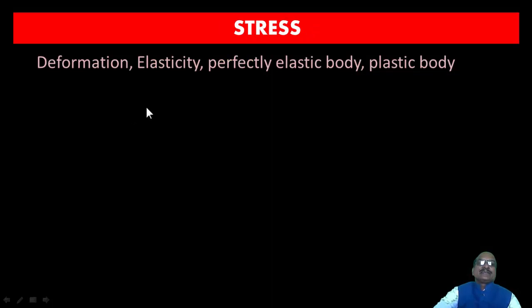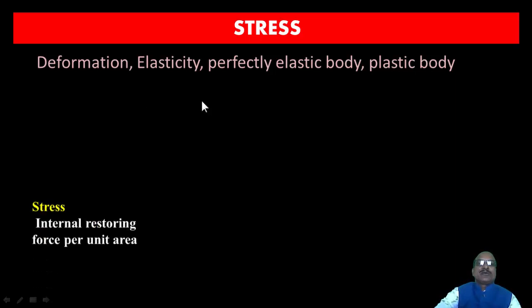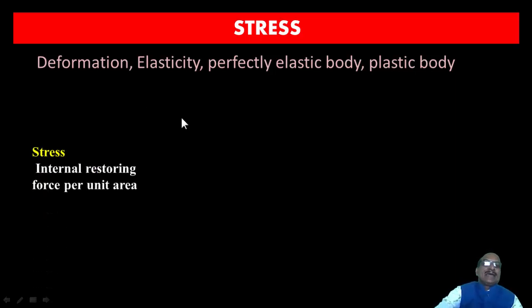Now let us see something about stress. As we have seen, the body can be deformed by applying external forces. The stress is defined as the internal restoring force per unit area, and these restoring forces act in the opposite direction to that of the deforming forces.